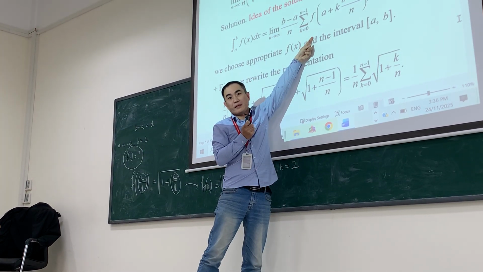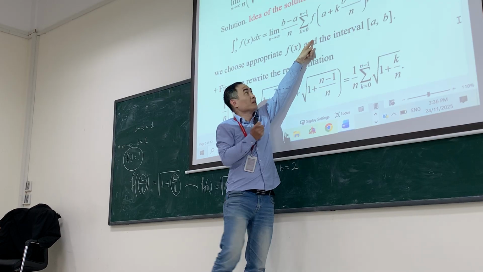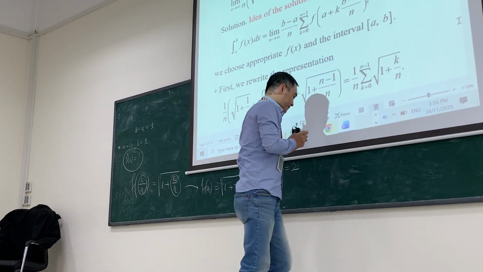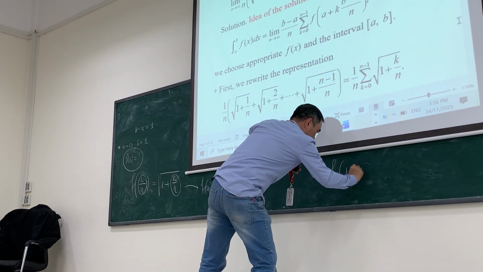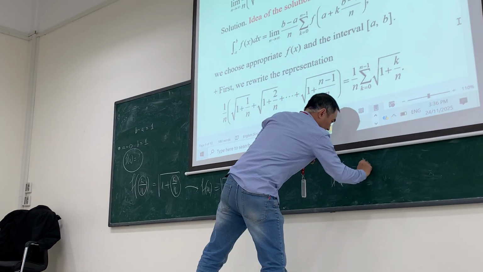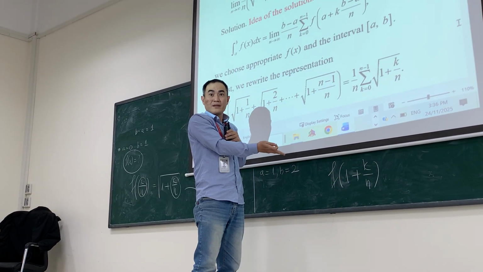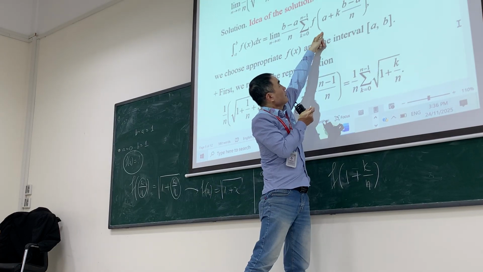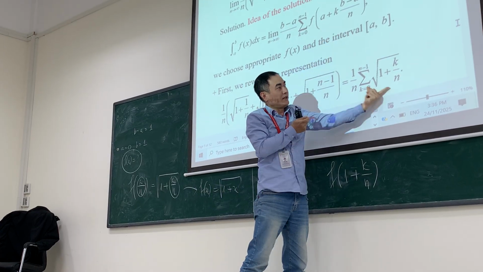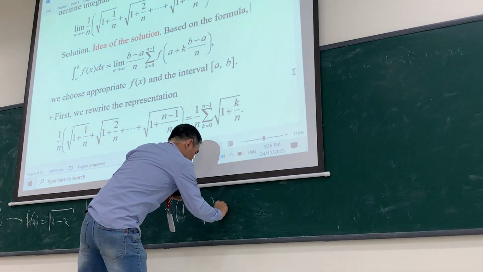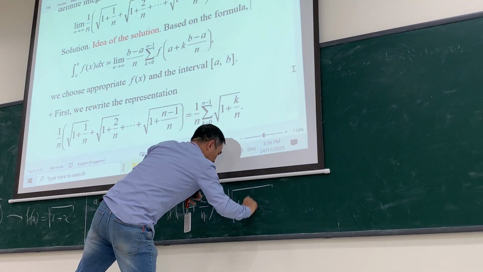When we replace a equal 1, b equal 2, the value here becomes 1 plus k over n, which equals square root of 1 plus k over n.